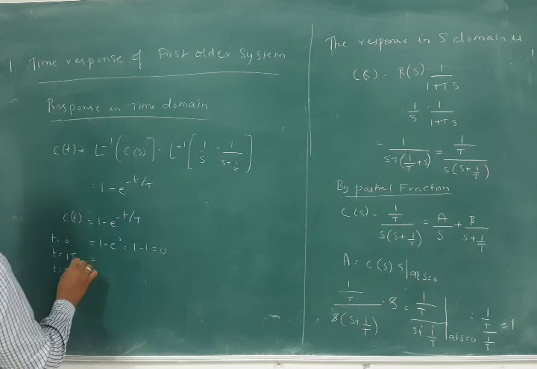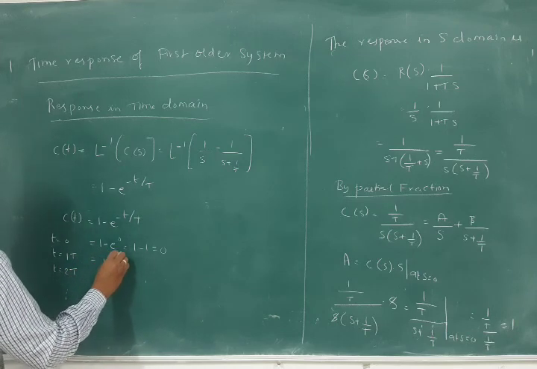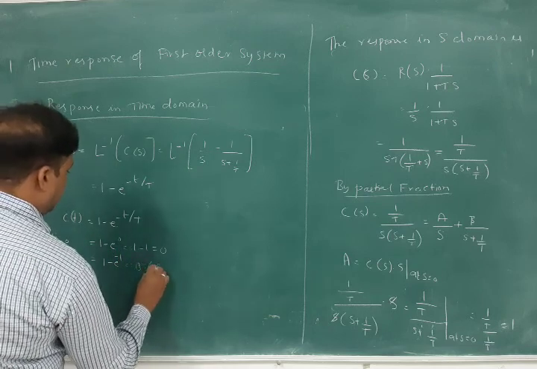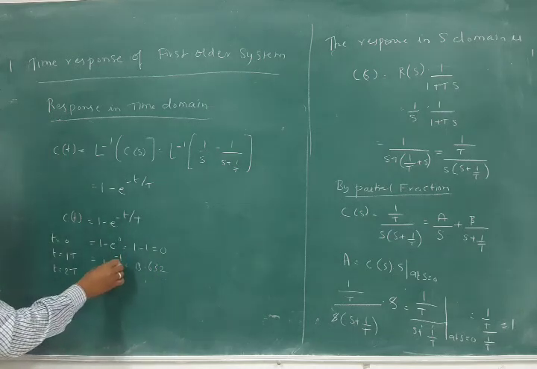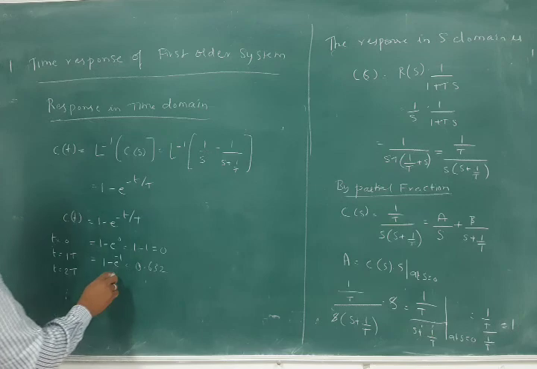Then t is equal to 1t: 1 minus e power minus 1, that is 0.632, because we already have the value of 1 by e.